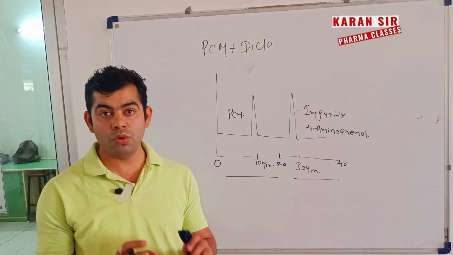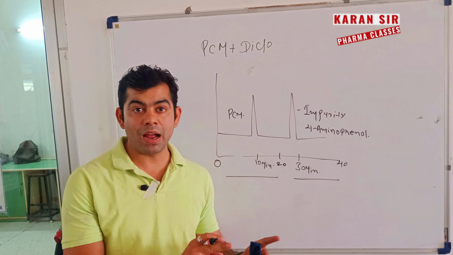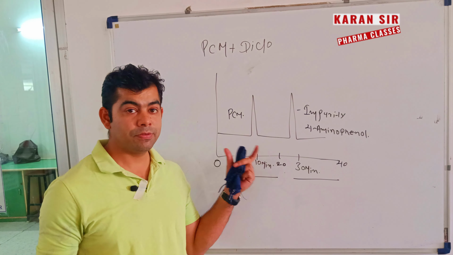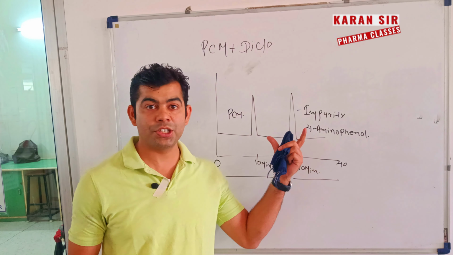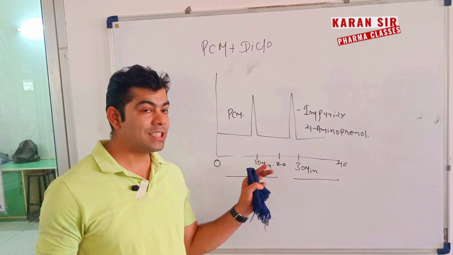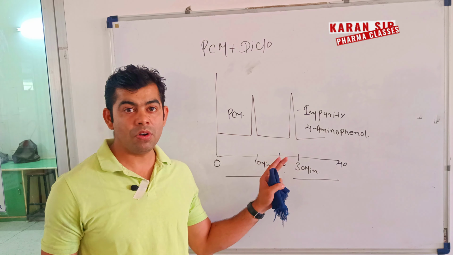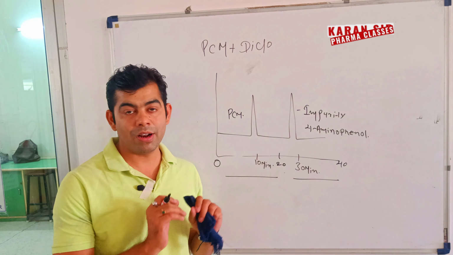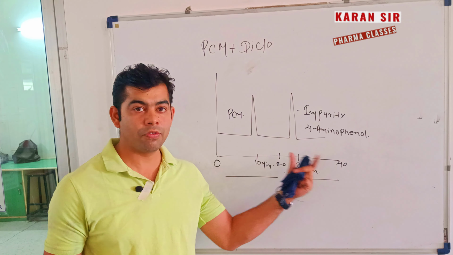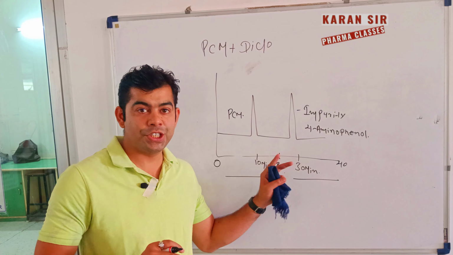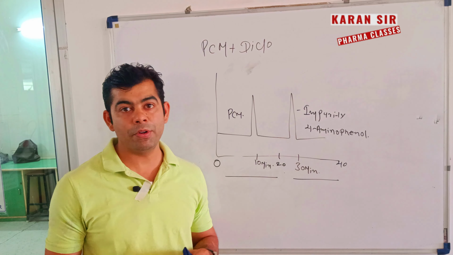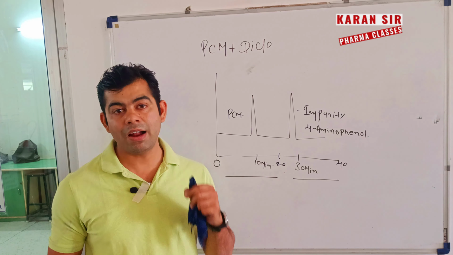I want to get both peaks in the same graph, but the paracetamol mobile phase ratio is different, and the 4-aminophenol impurity mobile phase ratio is different. So I will set the paracetamol mobile phase ratio on the computer and a second mobile phase ratio for 4-aminophenol. After some time the mobile phase ratio changes, so I will get the 4-aminophenol peak in our graph as well.